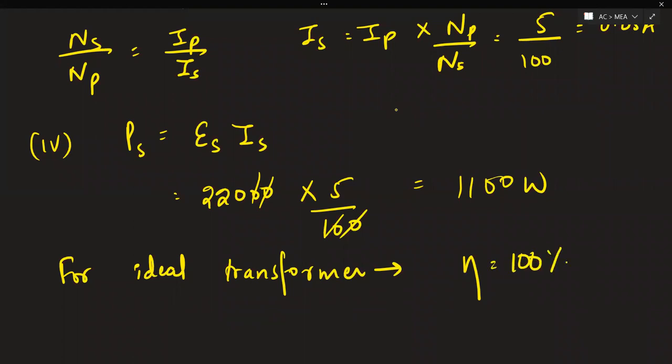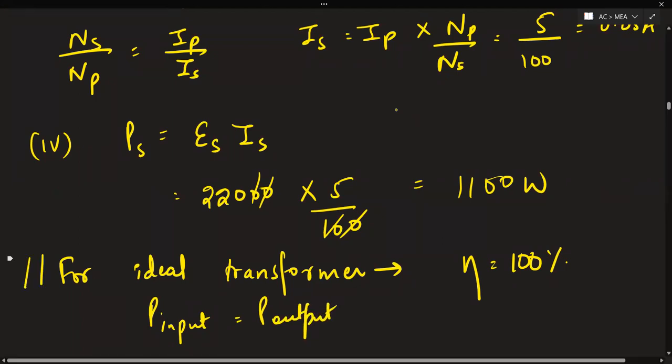In reality, we do not have any material or machine as ideal. But in an ideal situation, the transformer's efficiency should be 100% without any wear and tear and loss of energy. So at that time, power input will be equal to power output. Just remember this line.